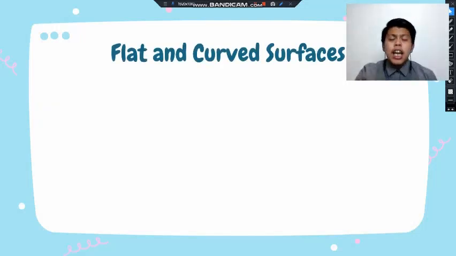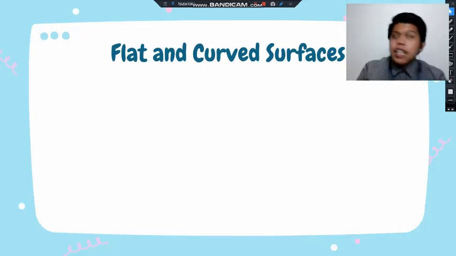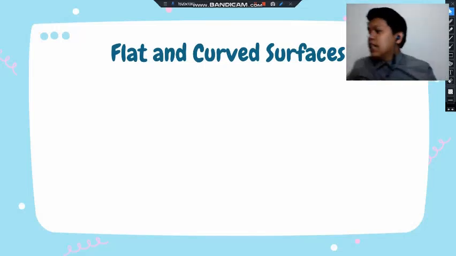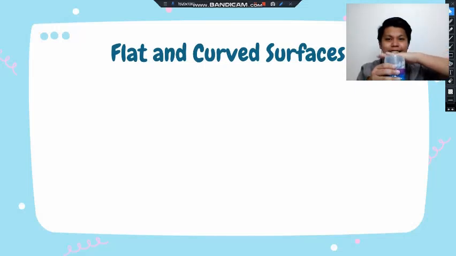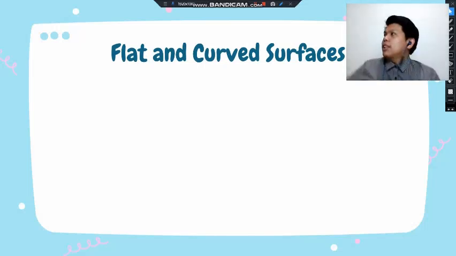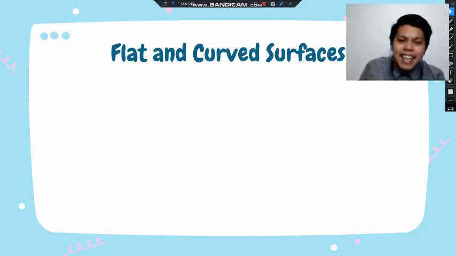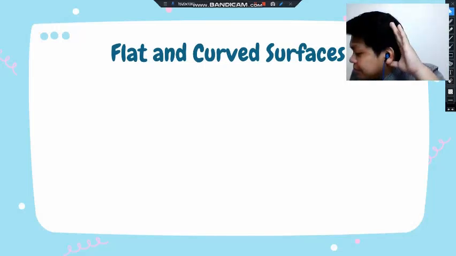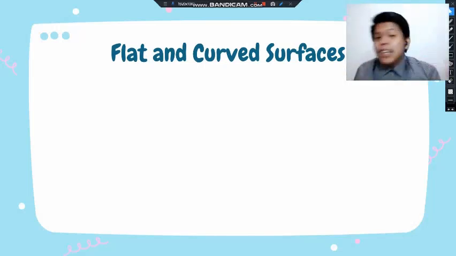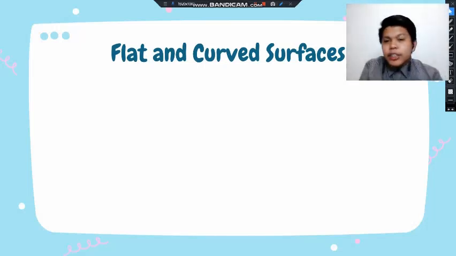Now let's check objects that have both flat and curved surfaces. We can see an example right here. This container has a flat surface and a curved surface. What else can you think of as a flat and curved surfaces example? Okay, great. So here are some more examples.